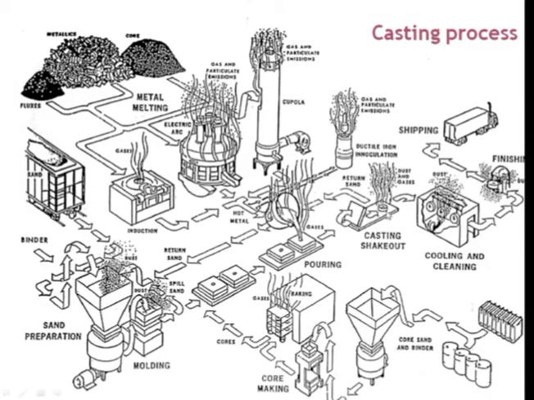Here you can see this is your casted part, and now the mold is empty, and this sand which comes out after the shaking process is moved to return, and the return sand is further used for the mold making process. The mold box is also returned and used for the next process.